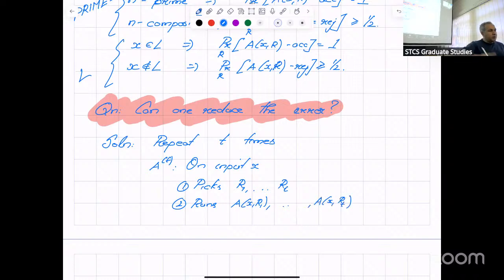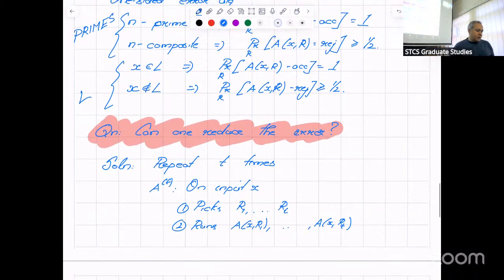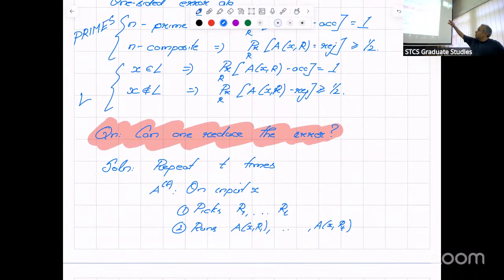It runs it on all the t different versions. And when should it accept? Suppose x was actually in the language, every time it will say accept. If x is not in the language, with probability half, it's going to say reject. So even if one of them says reject, you surely know it has to be reject. So you accept only if all the runs accept, and otherwise you reject.